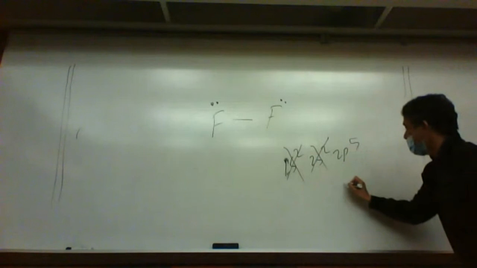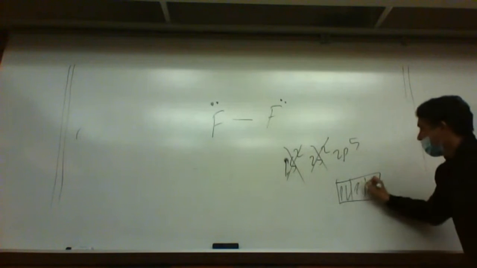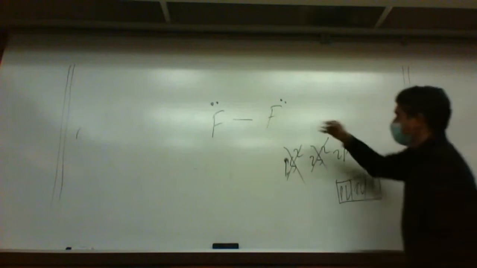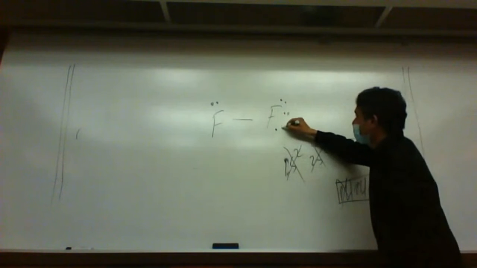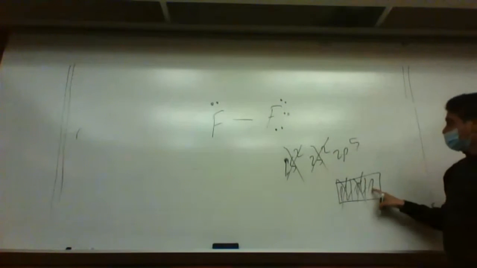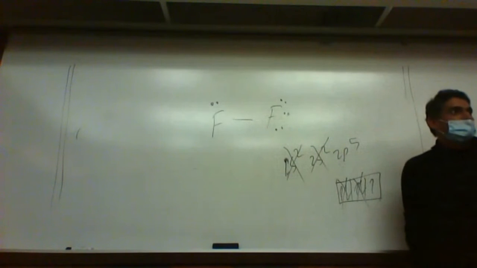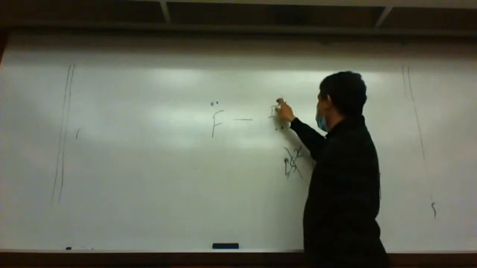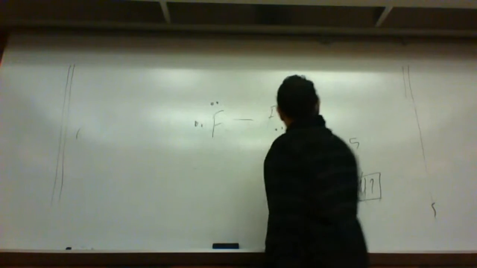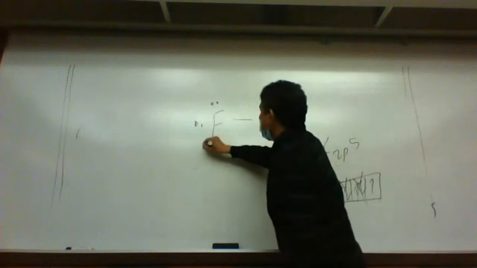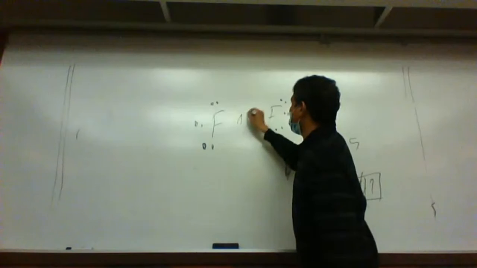Now let's talk about the 2p5. I have three boxes here. So 1, 1, 1. So 2, 2. This is 5. Now I'm going to put this one as a pair. I'm done here, and this one is a pair. I'm done here, and then one electron goes here like this. Make sense? Good. And then exactly the same here. So this one is 2s2, and this one is a pair, this one is a pair, and one electron goes here to make this bond because there are two electrons here.